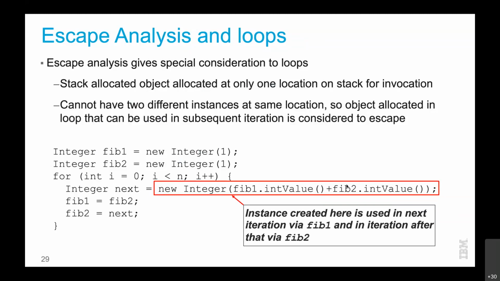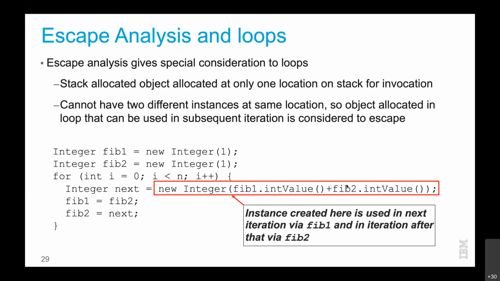So each time an instance is created, it's going to be available through the next couple of iterations of the loop. So you've got two different instances that are active at any one time within a particular iteration of the loop. Because EA is only capable of allocating one spot in the stack for each candidate, it has no way of managing the fact that this particular thing would be accessible on two iterations of the loop.